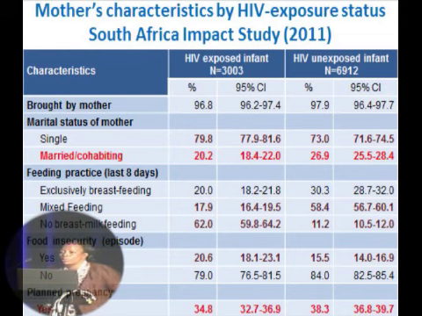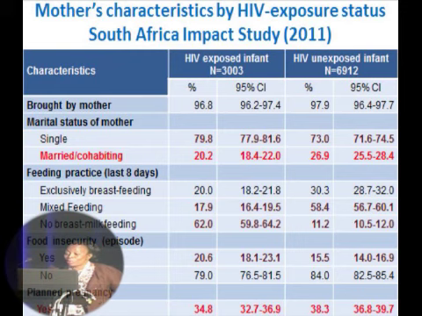But I think one critical question that we need, which is still unanswered, is how do you define a partner? I just want to show you some data from a recent impact study done in South Africa, looking at children at 6 weeks, and looking at the marital status of the mother for that child.